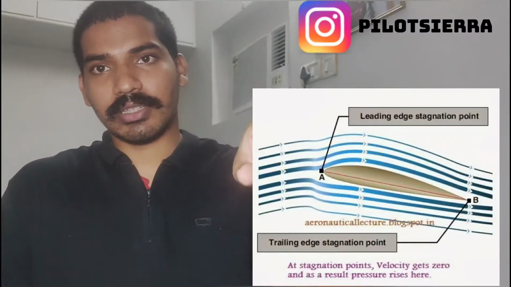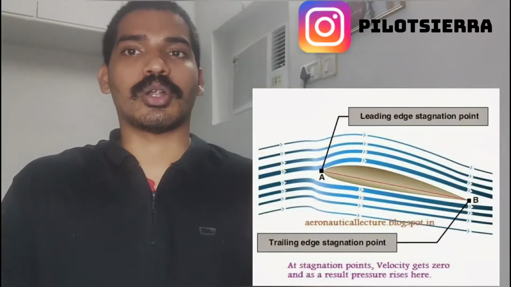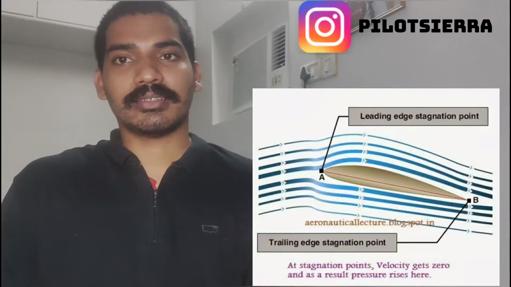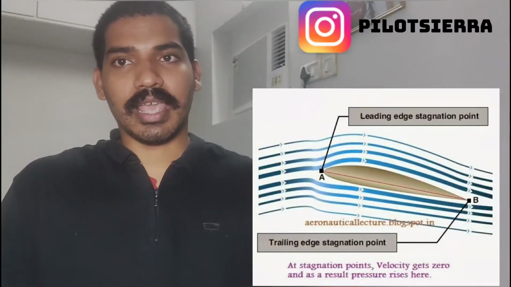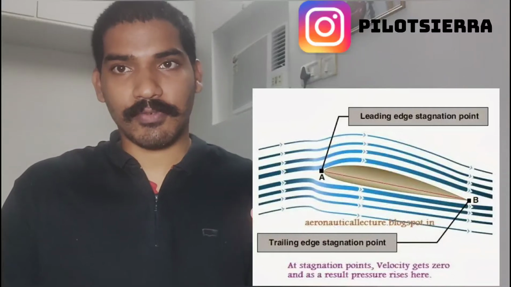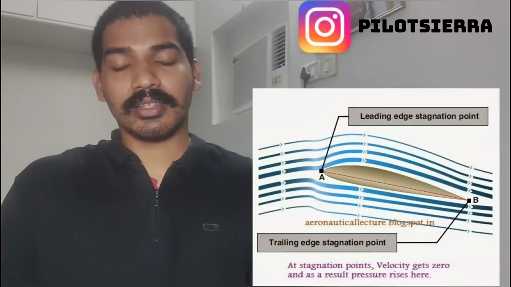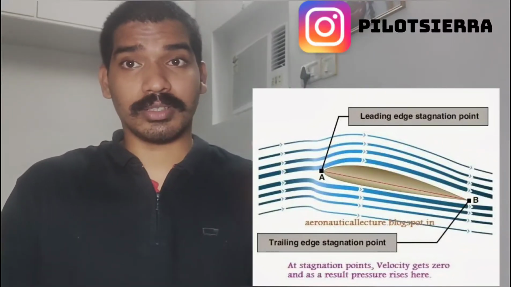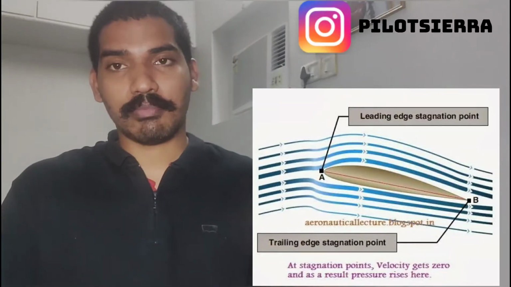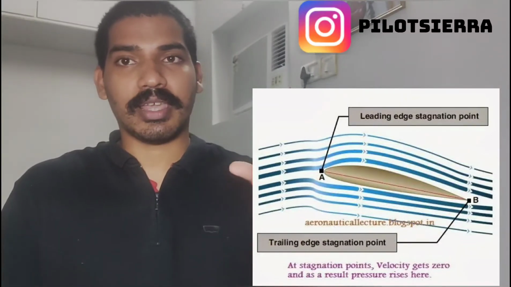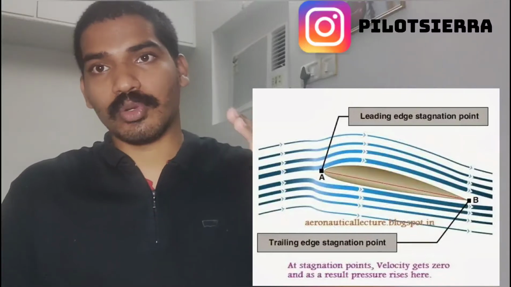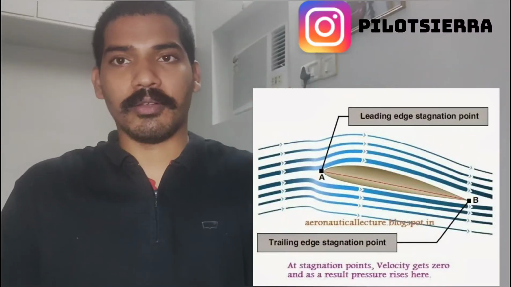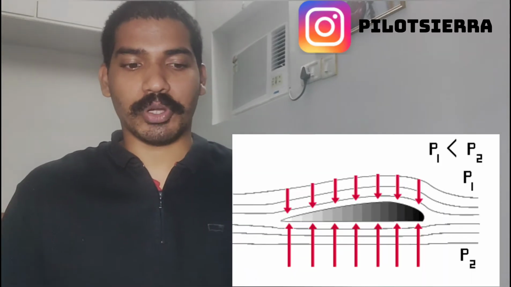It's called a stagnation point. It is the point where the streamlined flow which is coming in, the velocity becomes zero at that particular point. And that is the point at which the airflow is dividing and going above and below the aerofoil. So that is what a stagnation point is.